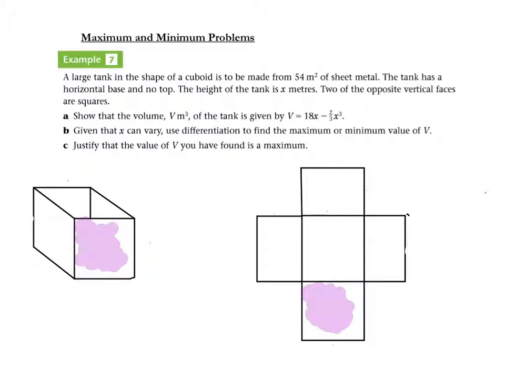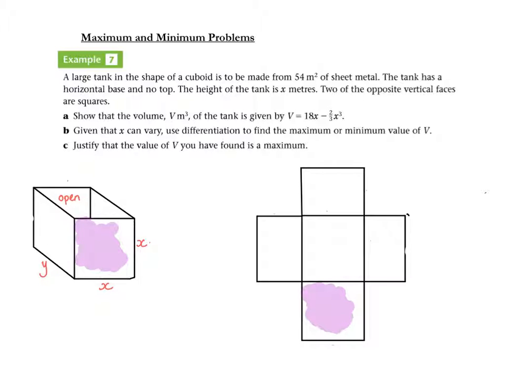So if we translate that into what we have on a diagram, if the height is x and this is a square, so that front and the back of the tank is a square, and it's open as well, so it doesn't have a top, and we'll make y the depth of it.